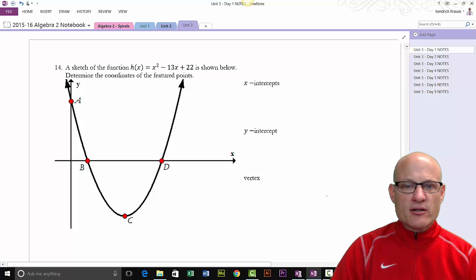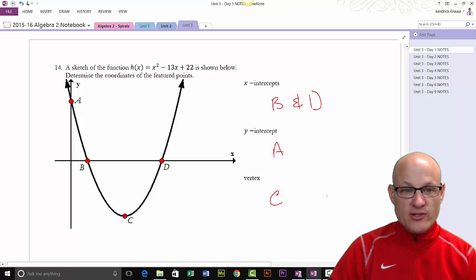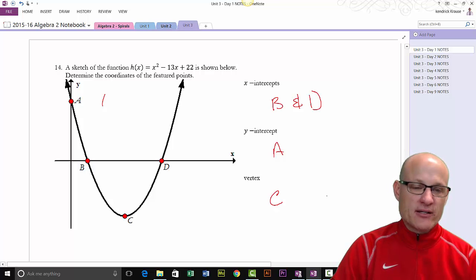My x-intercepts are B and D. My y-intercept is A, and my vertex is C. Now, I really should find the coordinates at this point. So let me factor this thing.